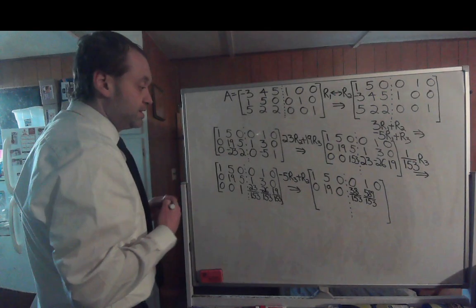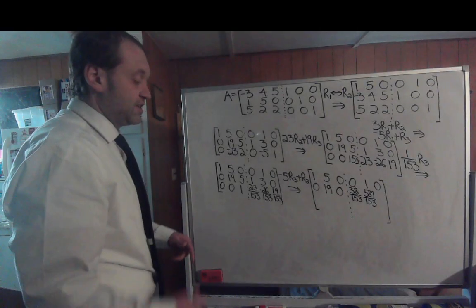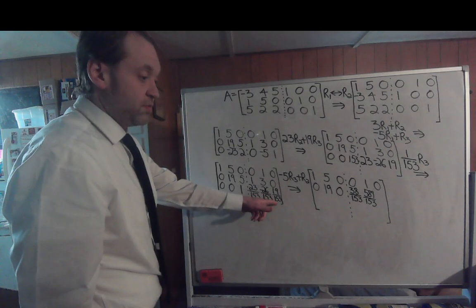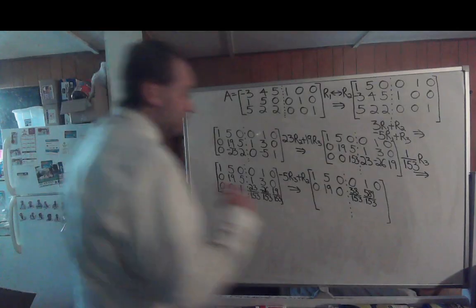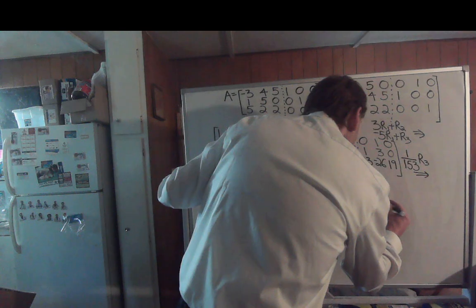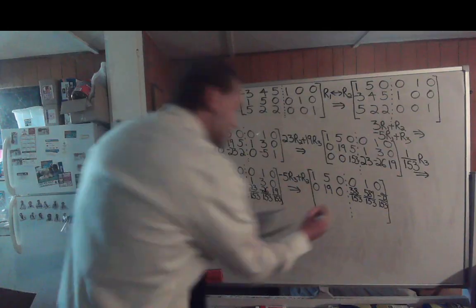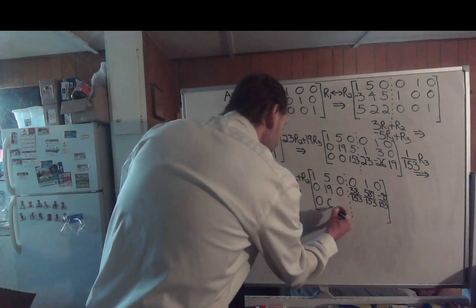And then negative 5 times 19/153 is negative 95/153 plus 0. That gives you negative 95 over 153. And then row 3 we can leave alone. Row 3 is finally reduced enough.